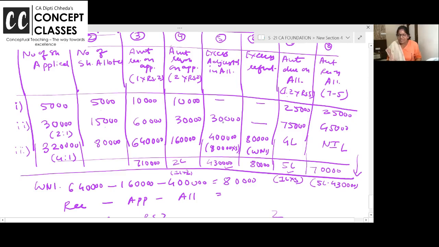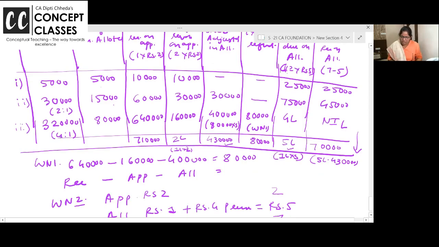So 30,000 is excess, we adjusted in allotment. Now allotment due is 15,000, second column, 15 into 5, 75. Out of that 30 is received, 45. Now 320, in 4:1 ratio they gave only 80,000.